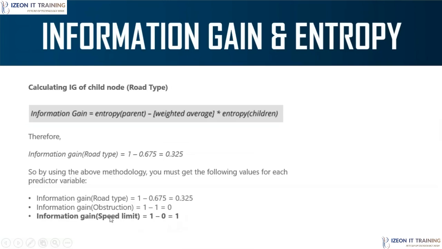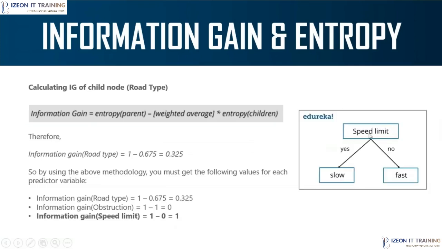This means that we'll have to use the speed limit variable at our root node in order to split the data set, right? So guys, don't get confused. Whichever variable gives you the maximum information gain, that variable has to be chosen at the root node. So that's why we have the root node as speed limit. So if you've maintained the speed limit, then you're going to go slow.